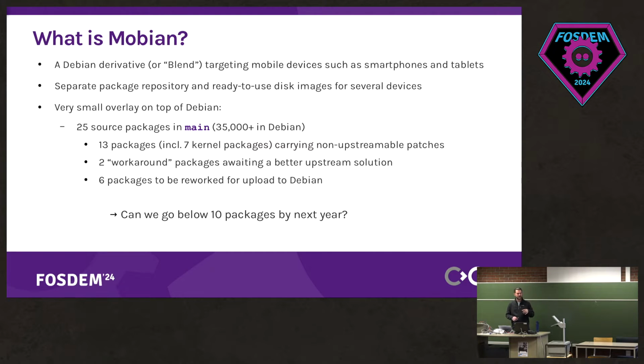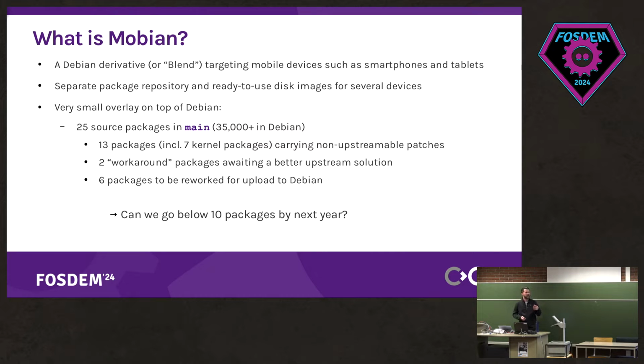It's actually a very small overlay on top of Debian, and we only provide currently 25 source packages in our repository compared to the vastly greater number which is in Debian, which means that technically of all the packages you have access to from a Mobian device, more than 99.9% of that is pure Debian.